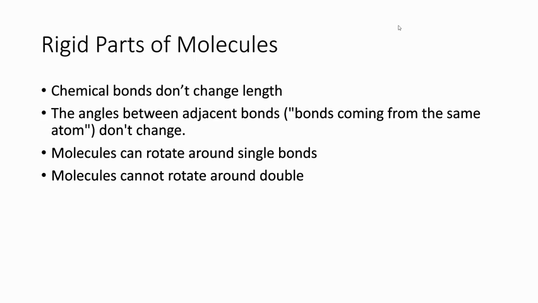We cannot easily rotate around a double bond. So let me look at this, a carbon-carbon bond.